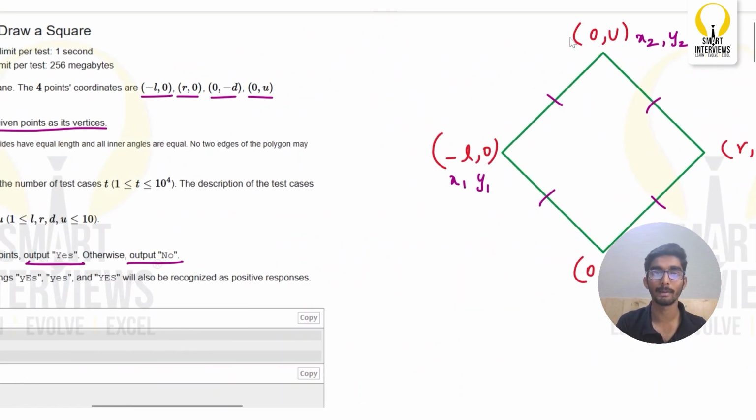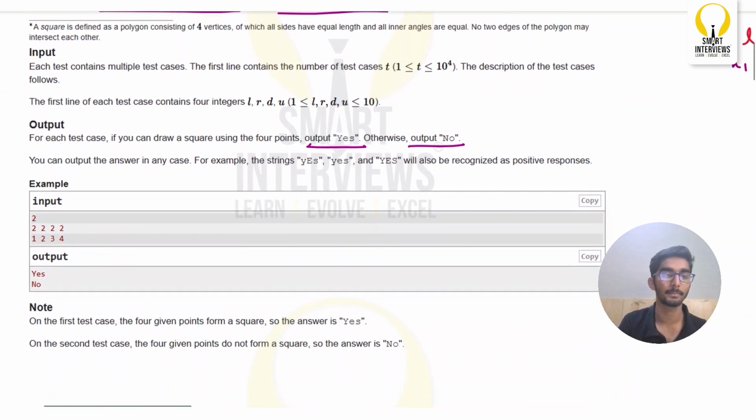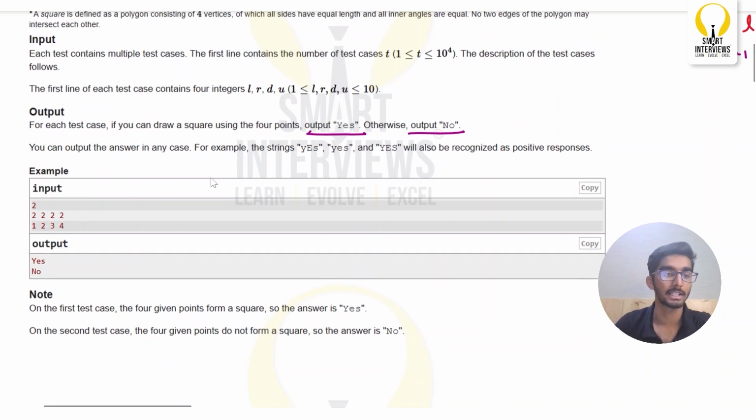Now, if we go back to the problem statement, in the first test case all 4 values are 2 and we have printed yes. In the second test case, all 4 values are not the same, so we printed no.